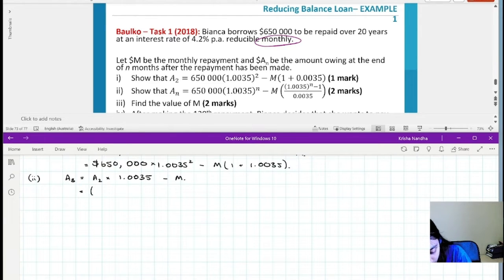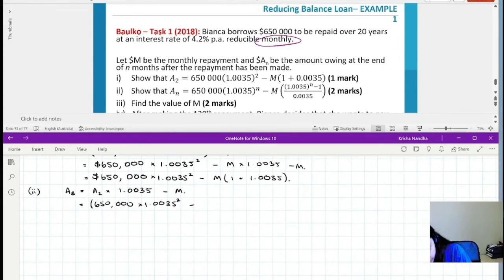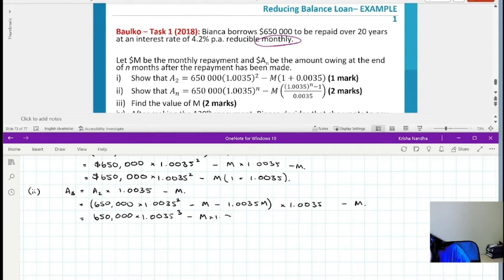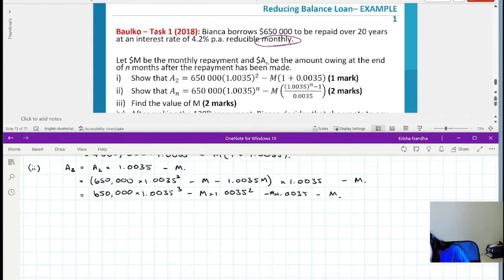So it's equal to 650,000 times 1.0035 squared minus, I'm going to go back to the original notation, M minus 1.0035 M, all times 1.0035, all minus M. So that gets me to 650,000 times 1.0035 cubed minus M times 1.0035 squared minus M times 1.0035 minus M. And this time I'm going to take out my common factor of M again.